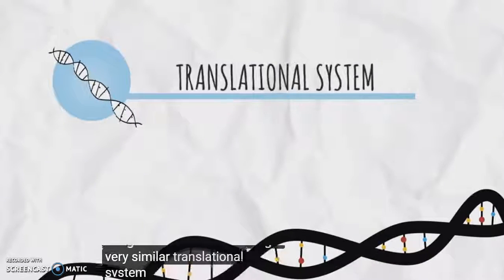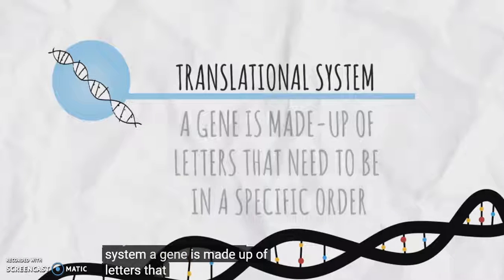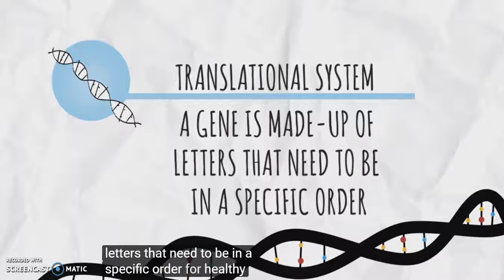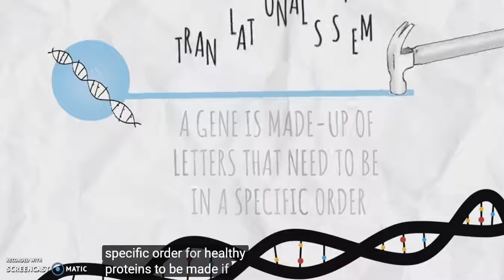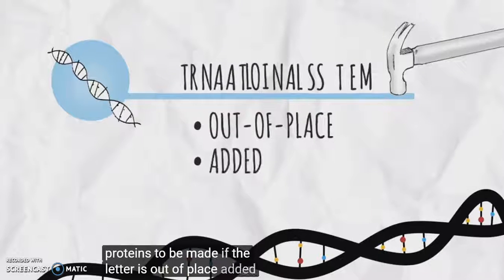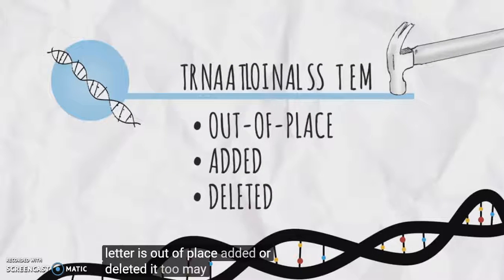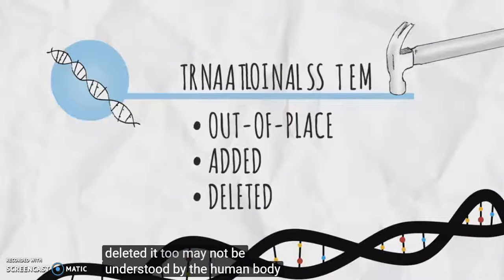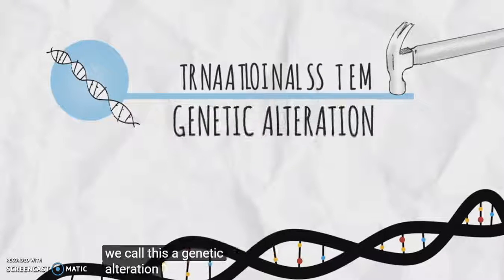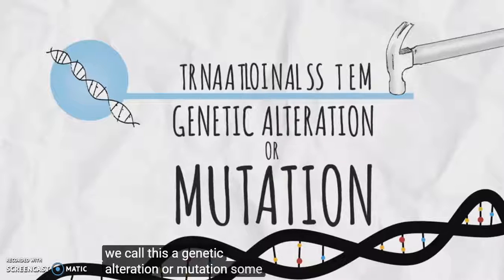Our genetic code works along a very similar translational system. A gene is made up of letters that need to be in a specific order for healthy proteins to be made. If a letter is out of place, added, or deleted, it too may not be understood by the human body. We call this a genetic alteration or a mutation.